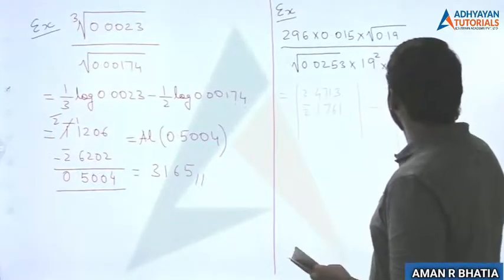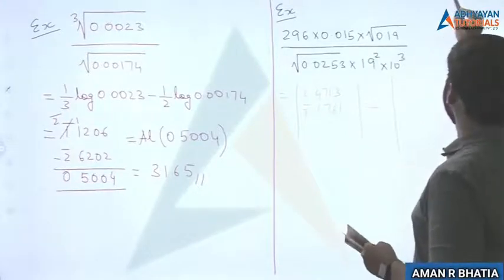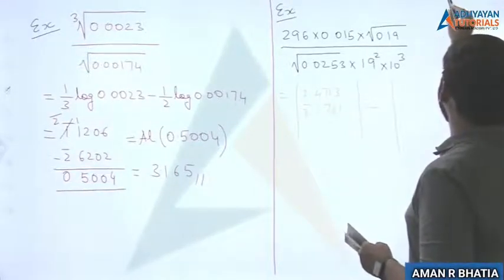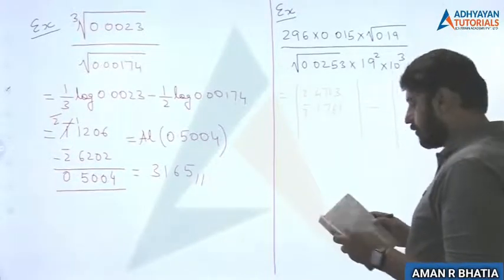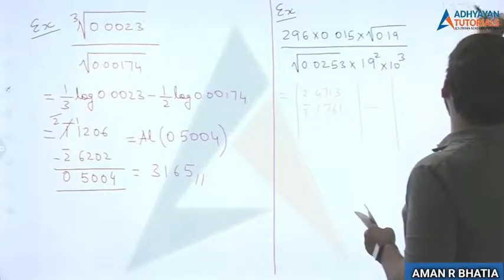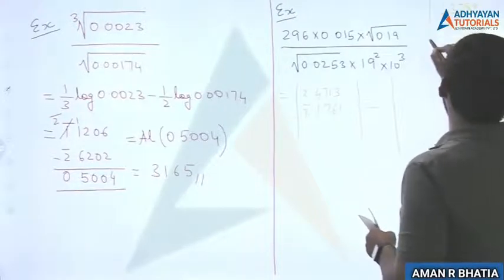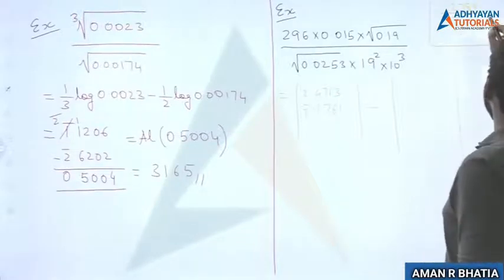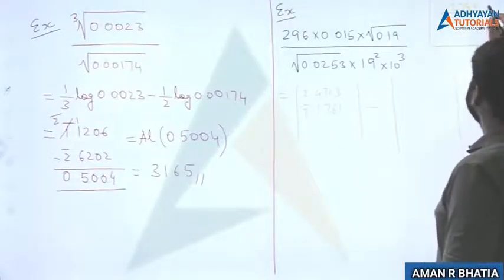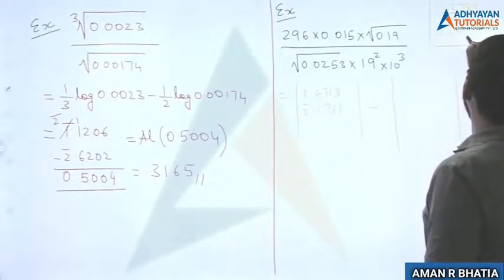And then I have square root of 0.19. So that I will do it here. 0.19 means the characteristic is bar 1. Point 19 में 0. 19 में 0 is 2788, and this has to be divided by 2. Again I have to split the middle term, because 1 doesn't come in the table of 2, so I have to split it. So I will write this as bar 2 plus 1.2788.